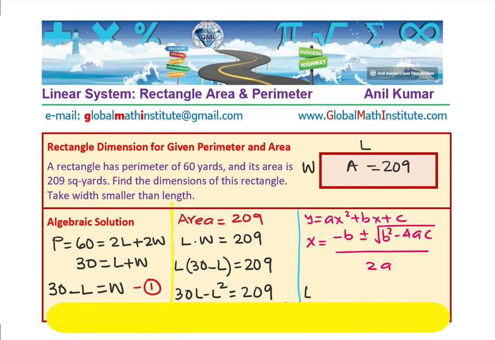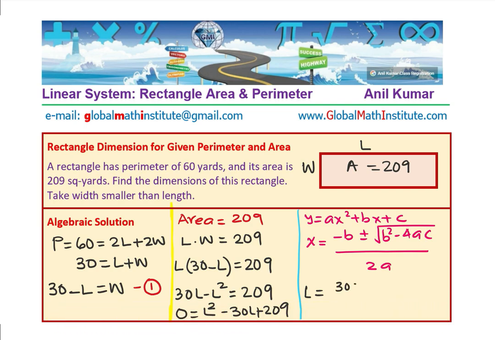So length equals minus of minus 30, which makes it 30, plus minus the square root of b square, which is 30 square, minus 4 times a times c, which is 1 times 209, correct, divided by 2. That is what you need to calculate.